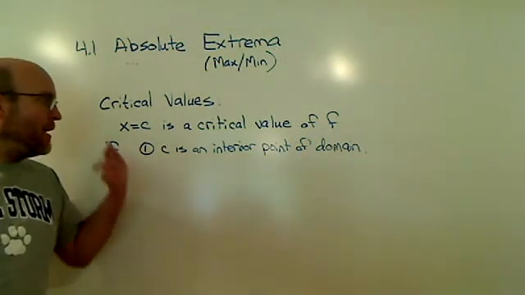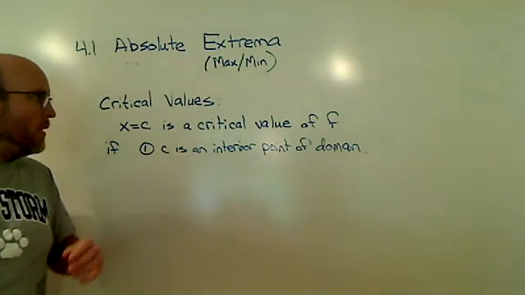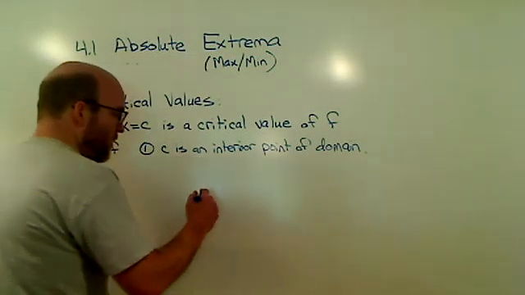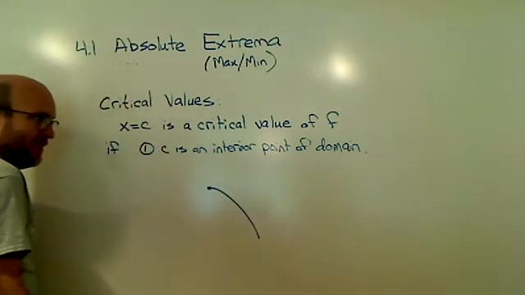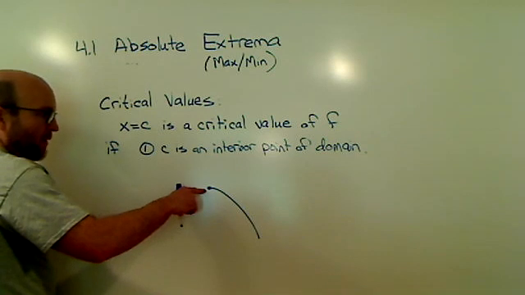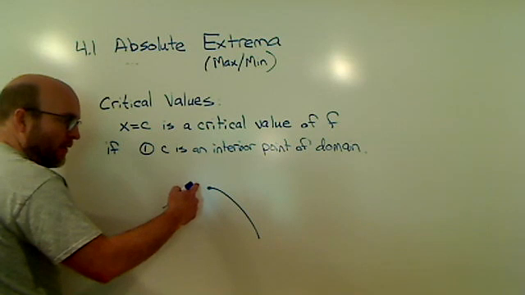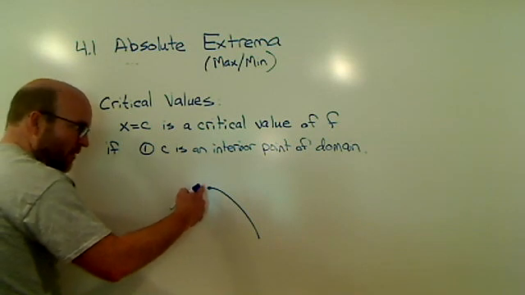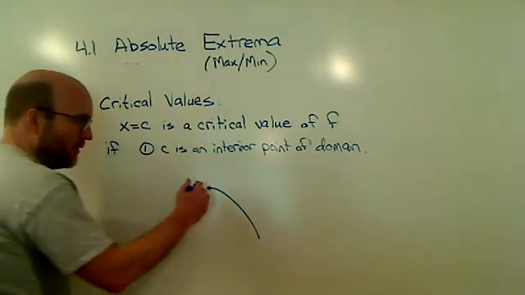But we don't care about endpoints here. We're looking for a local maximum or minimum. And we've kind of talked about this before. If you've got a situation that does that, that's not really considered a local minimum or local maximum. I know it's higher than everything else, but it's not higher than everything else surrounding it because there's nothing over here.